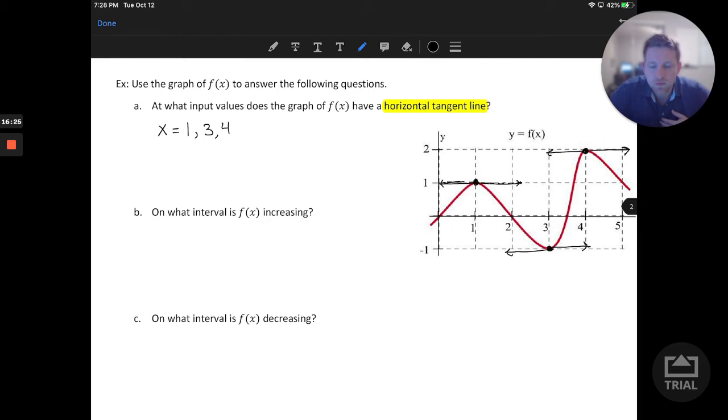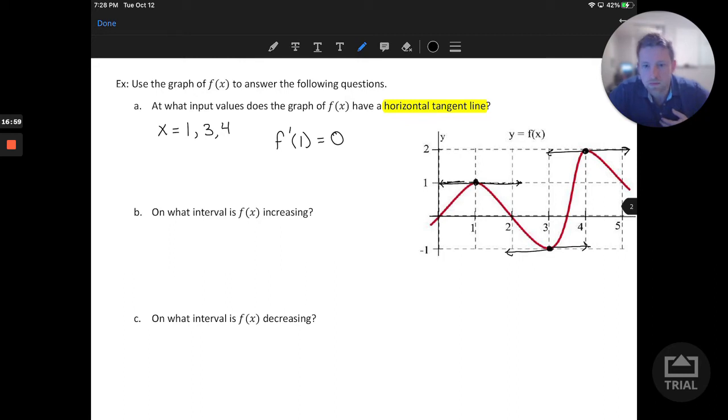As we go along each of these questions, I might try to tie this concept with the derivative. Another way of saying that we have a horizontal tangent is to say that the derivative function f prime of x at 1 would be equal to 0. In other words, the derivative at 1, or the instantaneous rate of change at 1, is 0 because our slope is equal to 0.